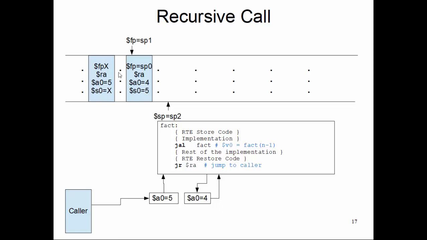And at this point, it is not the base case, we decrease the value A0 to 3, call it again. So the stack pointer moves to SP3, 20 bytes below. And then we create your frame with the FP value SP1, which is the current value. Return address, whatever that address is, A0 is 3 and S0 is now in this case stored as a 4. And we move the frame pointer.